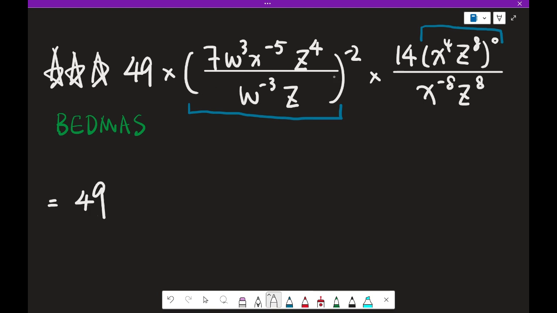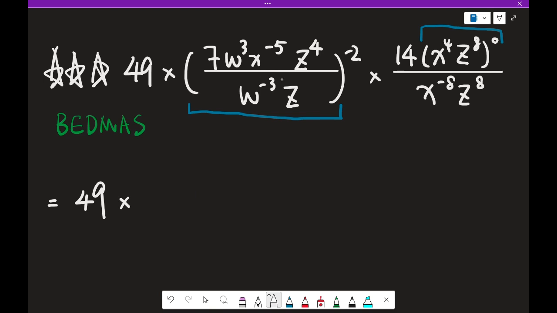And how can we do this? Basically, we can see that the bracket has an exponent of negative 2. But the evaluation of this bracket is to simplify the things that are inside the bracket. So we want to simplify this giant beast right here inside the bracket. How can we do that?